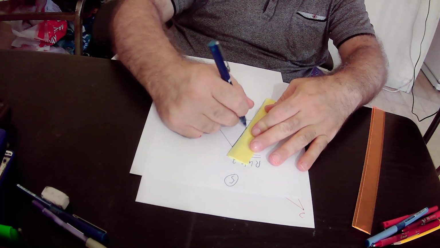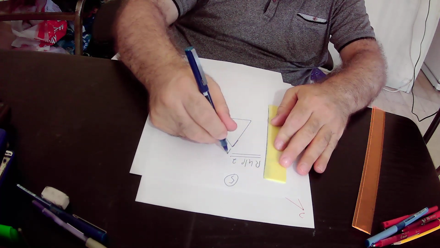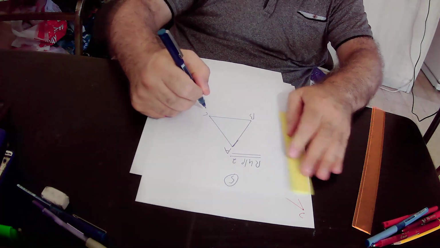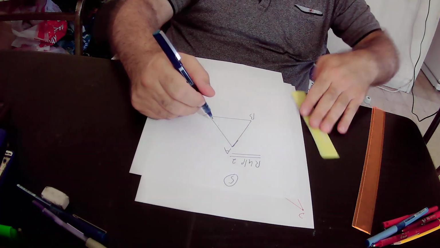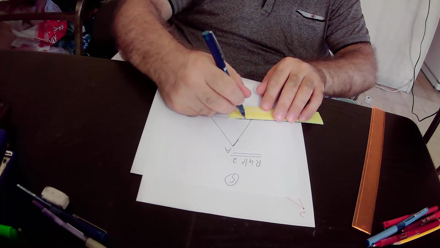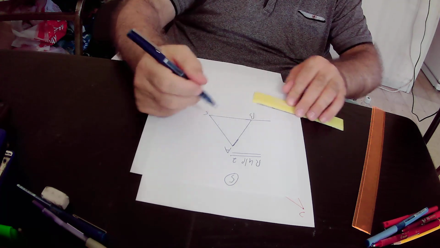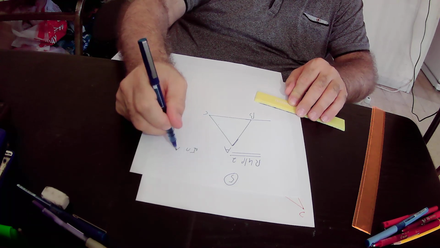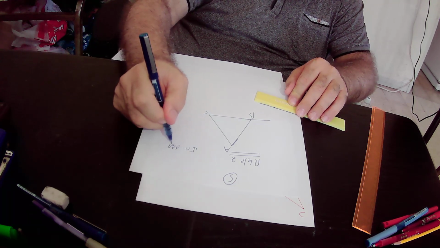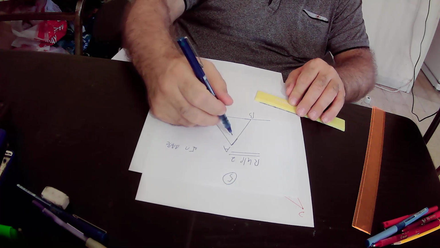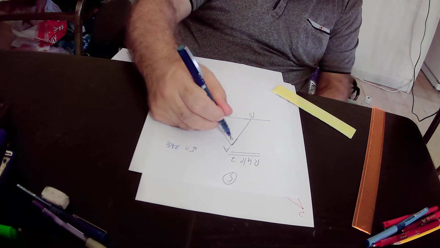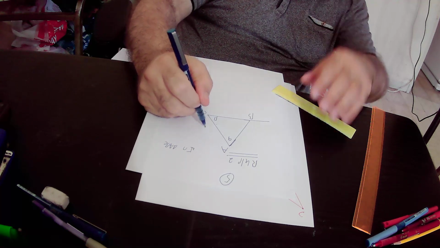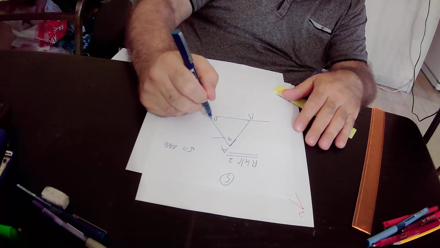If we have triangle ABC, in triangle ABC, angle alpha and beta are defined as interior angles.